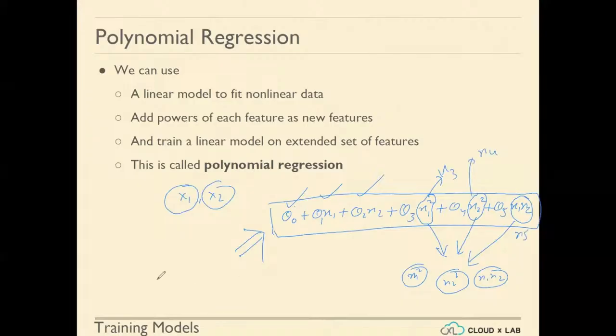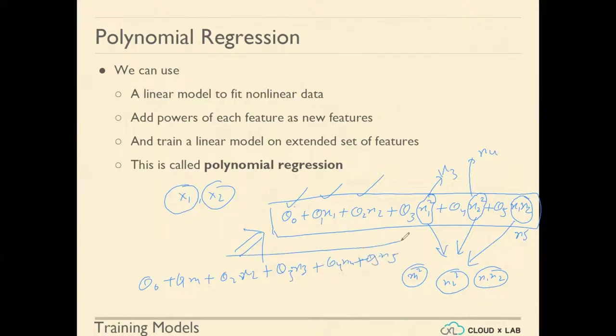So it's now theta 0 plus theta 1 x1 plus theta 2 x2 plus theta 3 x3 plus theta 4 x4 plus theta 5 x5, right?